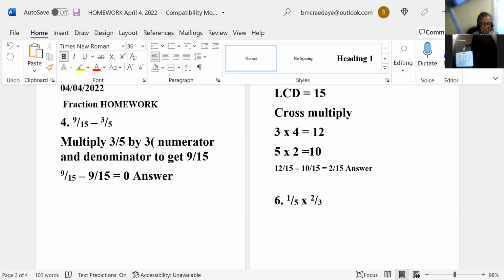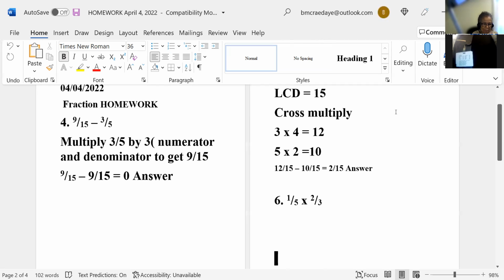All right. Now let's do number 6. Now this is a multiplication. Remember I said this is one of the easiest operations for fractions, because you just multiply numerators times numerators and denominators times denominators. So what would this one be equal to? That would be 2 upon 15. That's it.